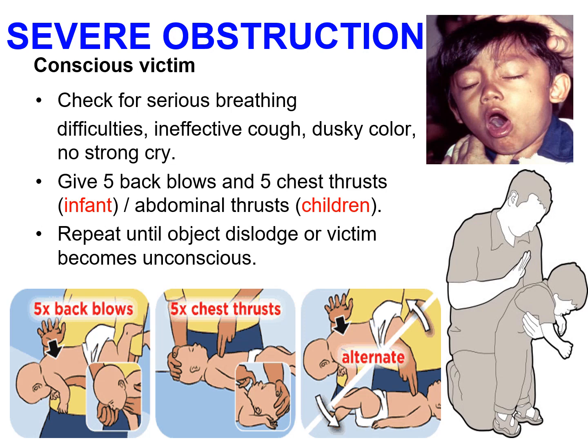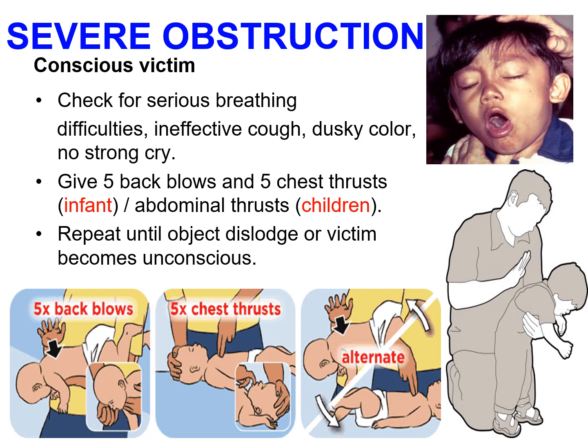If the child or the infant is still conscious, provide 5 back blows followed by 5 chest thrusts in an infant, or 5 abdominal thrusts in a child. Repeat the maneuver until the object is dislodged from the child's or infant's mouth or the victim becomes unconscious.